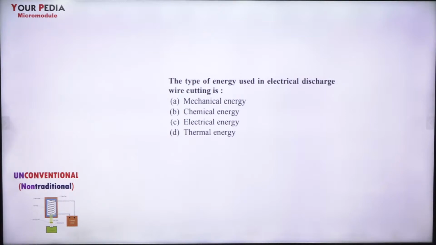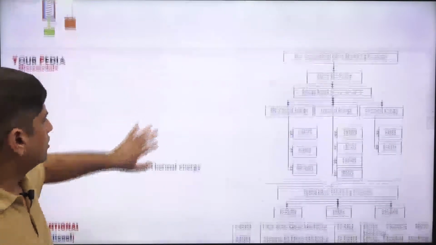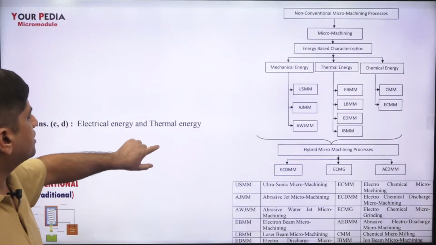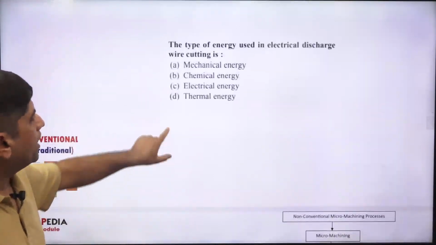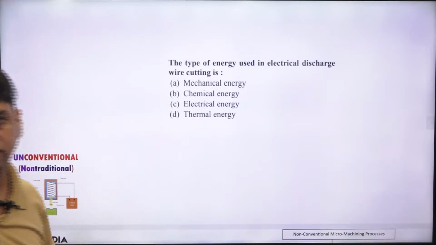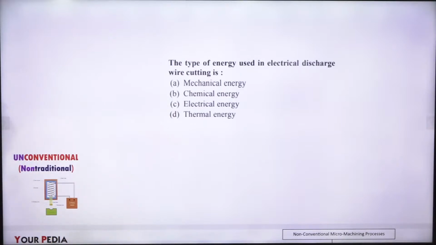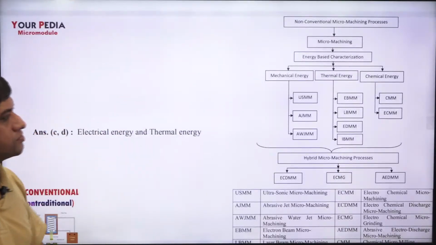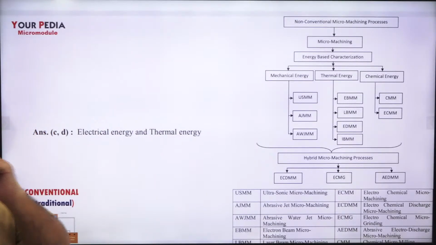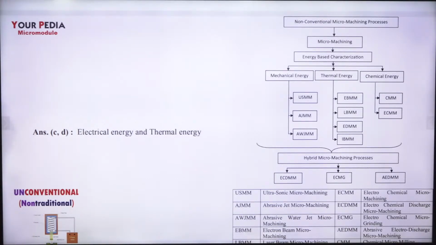Wire cut EDM, which energy is used in wire cut EDM? This is a very simple question for you. That is electric energy and thermal energy. In wire cut EDM, electric energy and thermal energy. Electric discharge is there, that is true, and that is also part of thermal energy. Thermal energy, that means heat energy released.